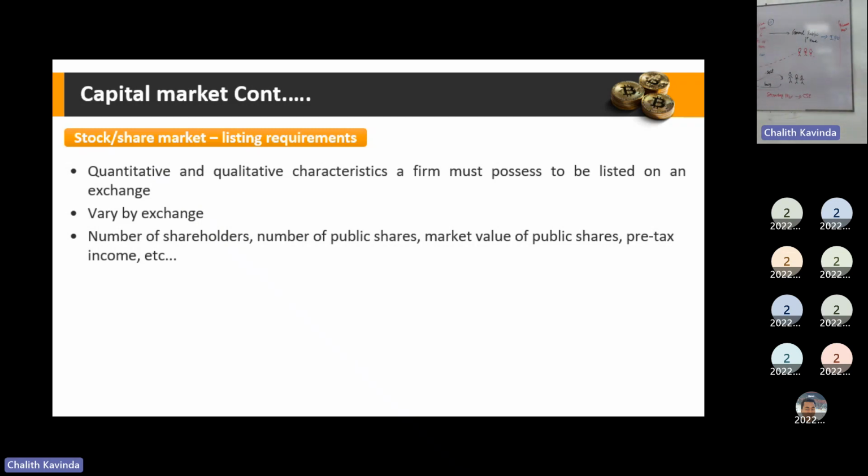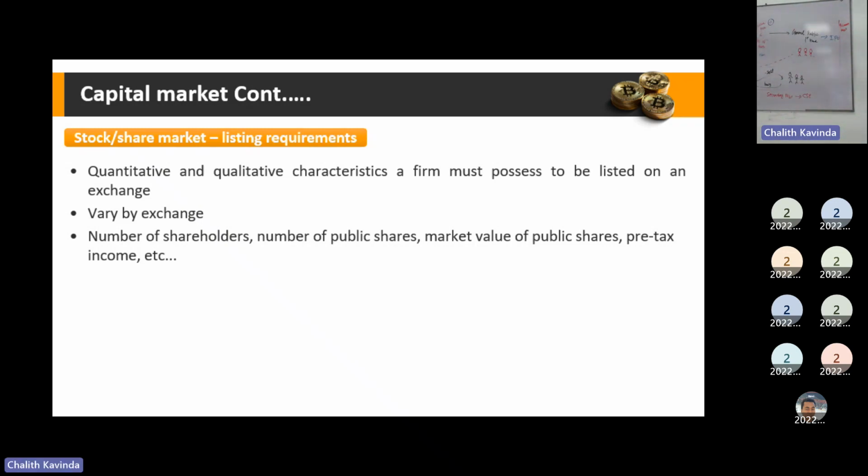So usually, when it comes to the stock market, how many boards do we have? We have two boards, the main board, and the other one is the diversified board. The big performing companies are listed under the main board. So for you to get listed on the main board, you need to maintain profit before tax for how many years?